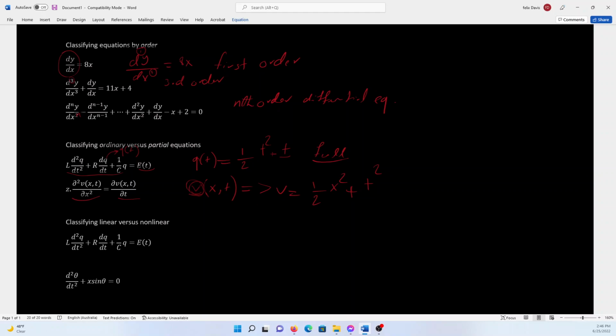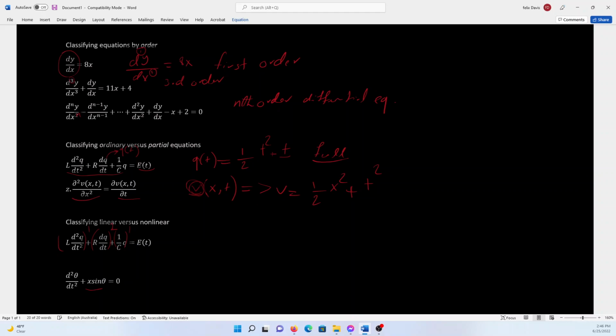So now we're classifying based on linearity versus non-linearity. In this one, since we only have a power of 1 here, and a power of 1 here, and a power of 1 here, this is linear. But if, let's say, we had a power of 2 somewhere in here, then that would become non-linear.